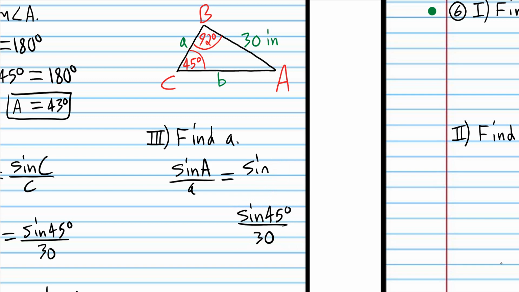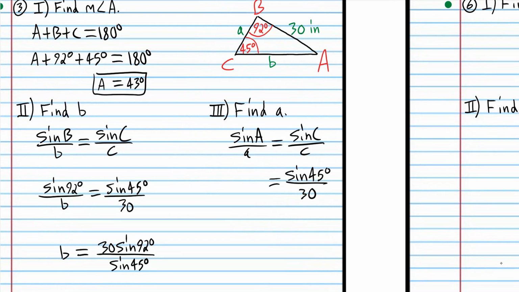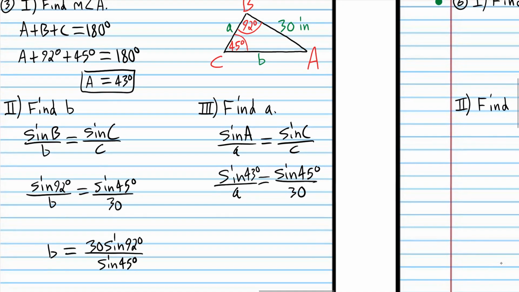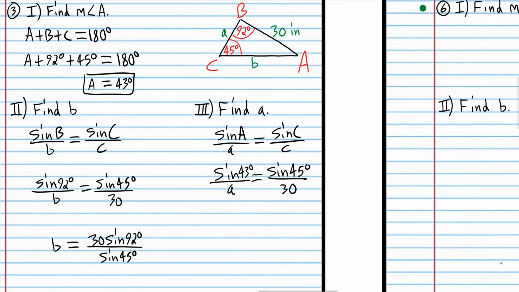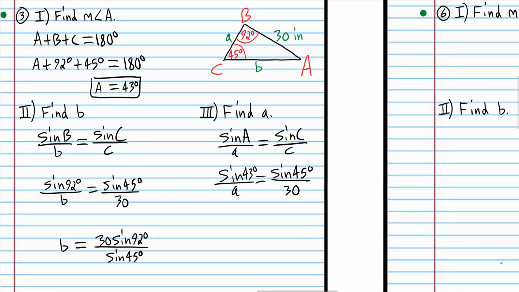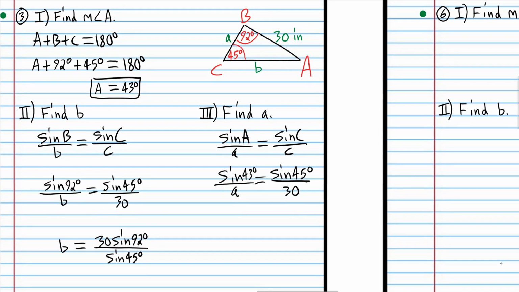Sine C over C. And A, capital A, is this number we found in the first step. So let's double check all that, make sure it looks right.